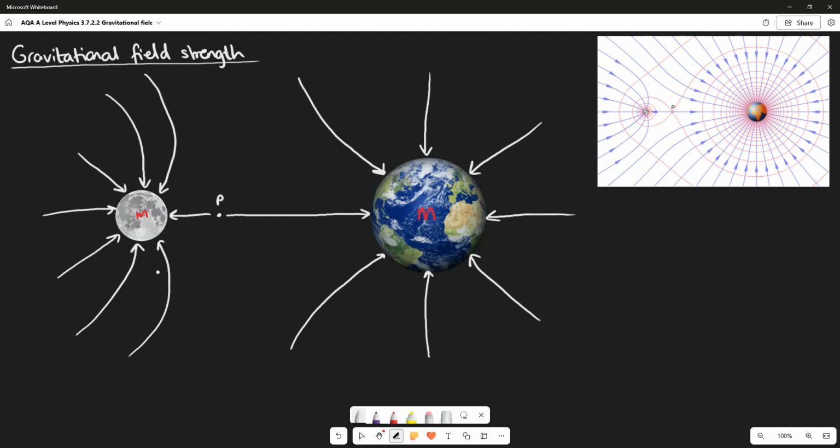And again, it is symmetrical. As we fill in more of the field lines, this shape starts to become more obvious.